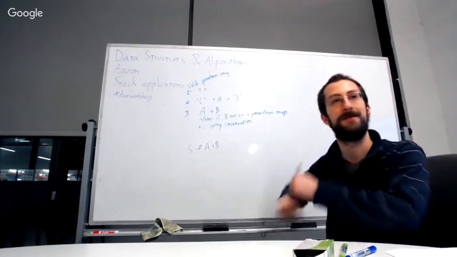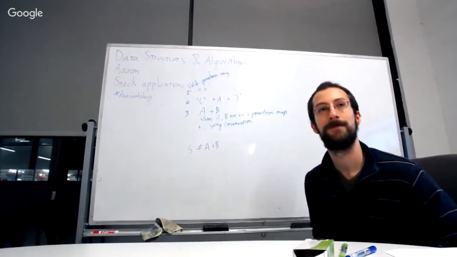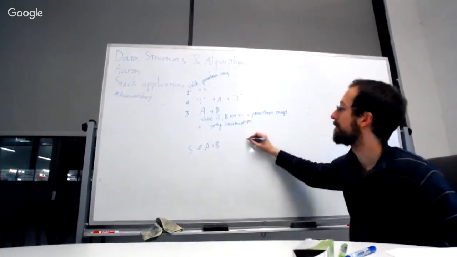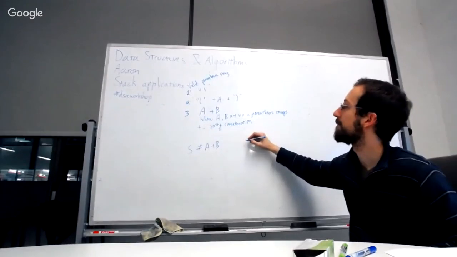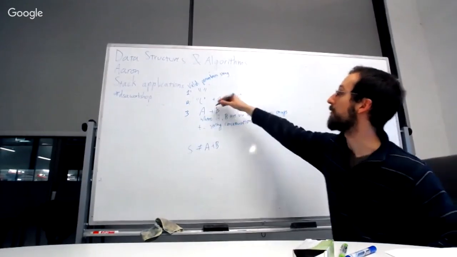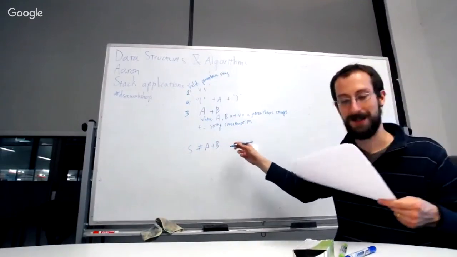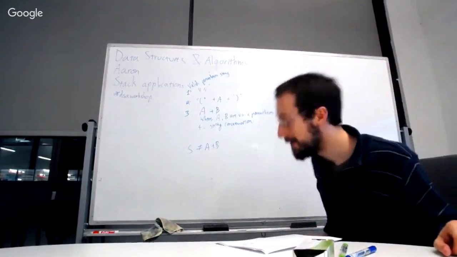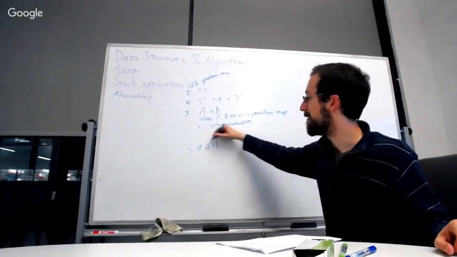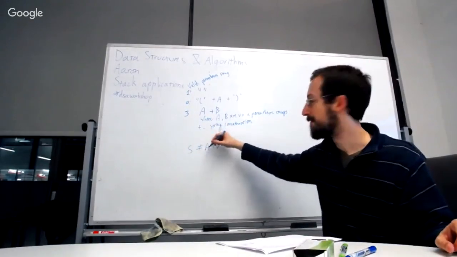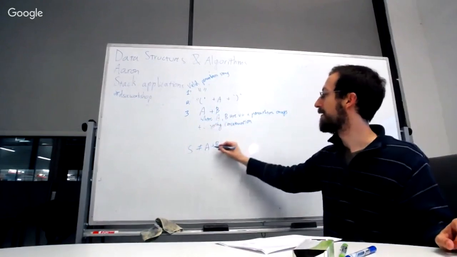What's an example of A plus B? Two strings, or two sets of parentheses. Yeah, and I know I'm reading this, and in an ideal world this would also be written down for you. But it's saying A and B are neither empty. These both have at least some parentheses.